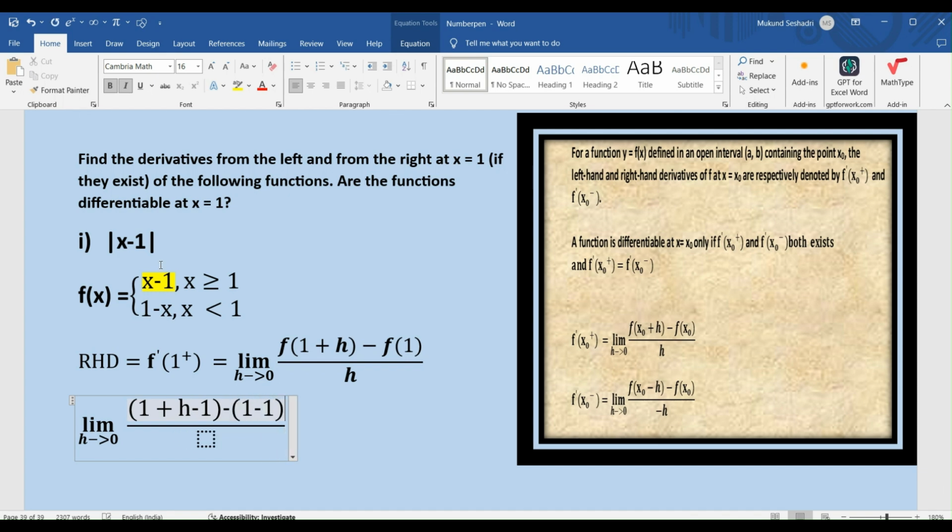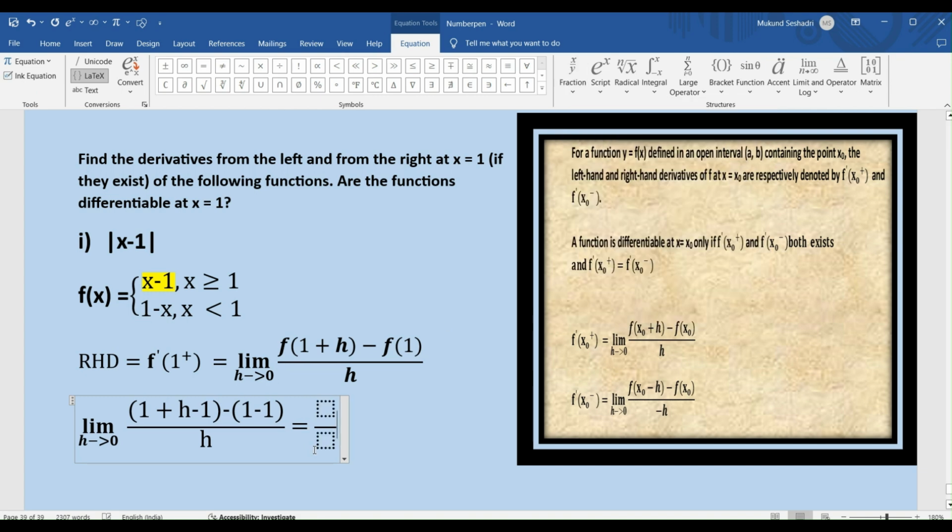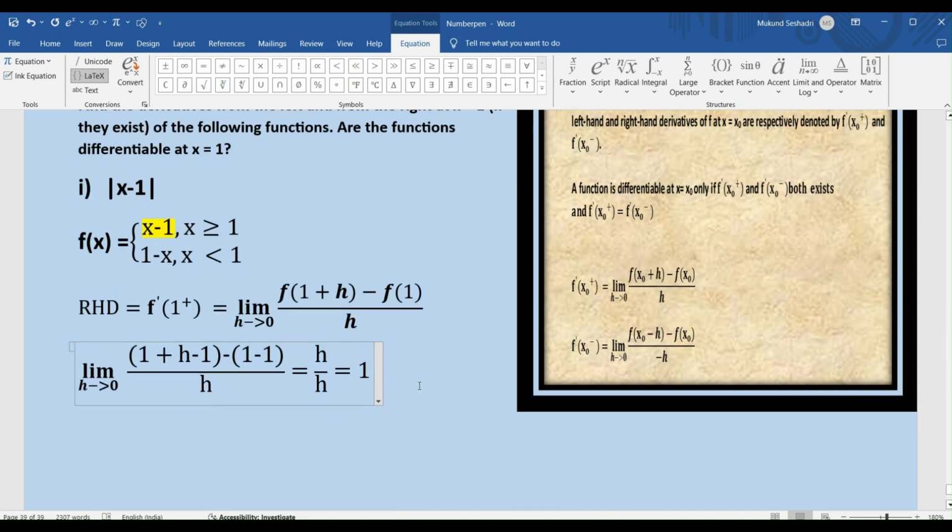I have written that as 1 minus 1 divided by h. So now what happens to this? The 1 and minus 1 get cancelled, and I'm left with h by h, which is nothing but 1, limit h tending to 0. So this is my RHD.